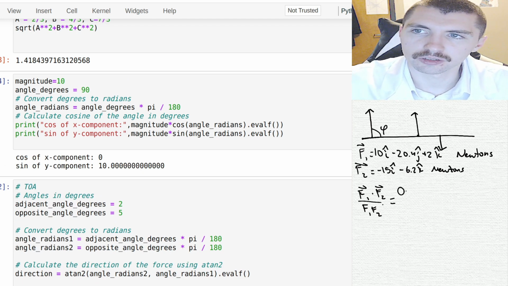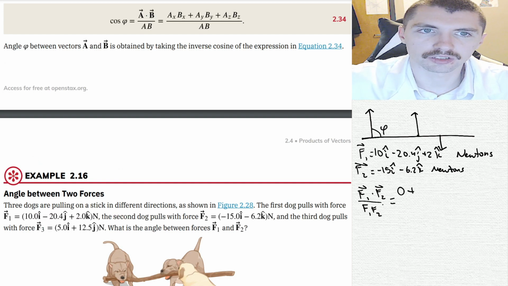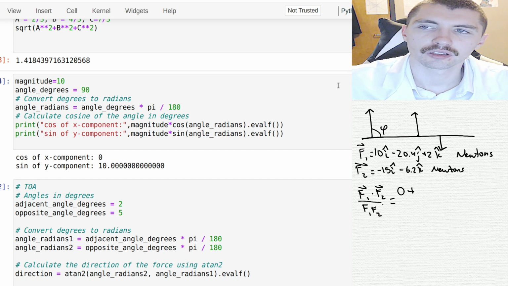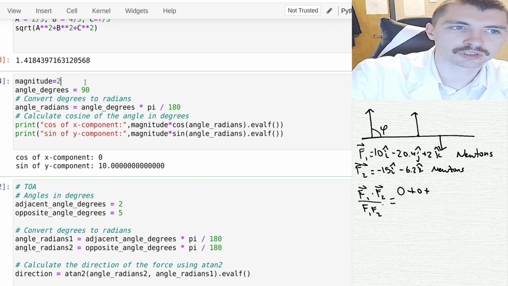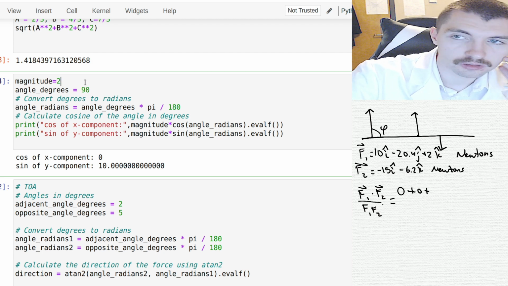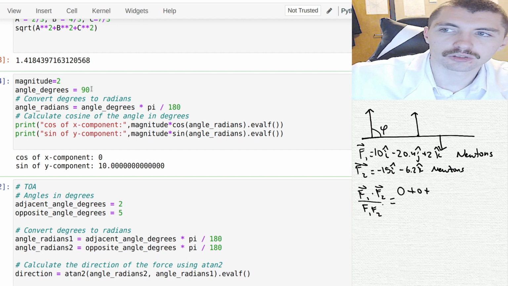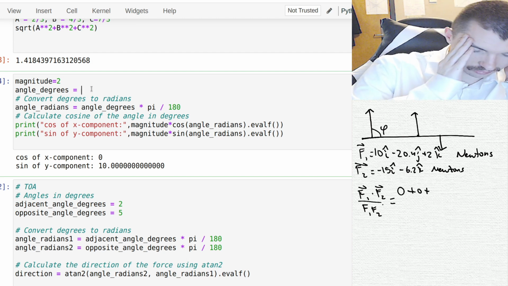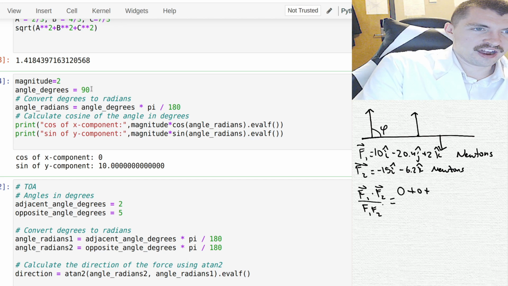So it's going to be 0, plus AY, BY, plus 0 plus 2, 2 times cosine k. So k is degrees.